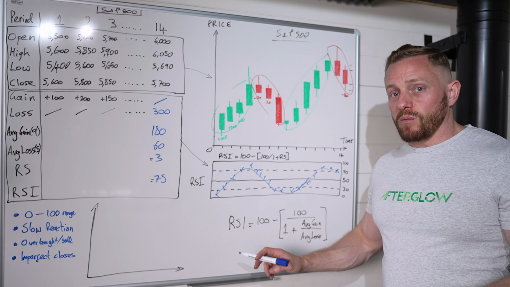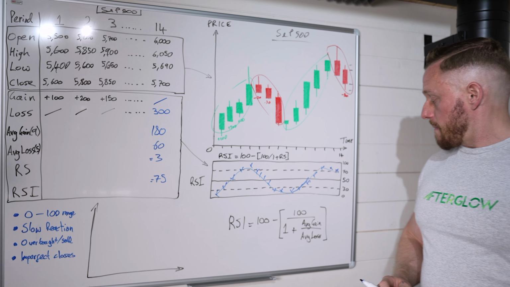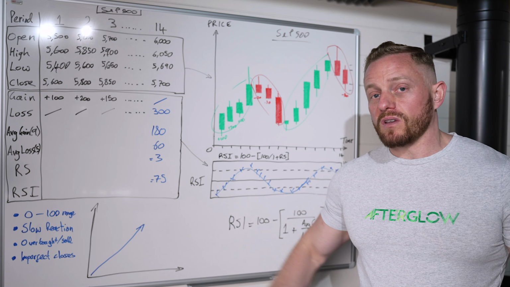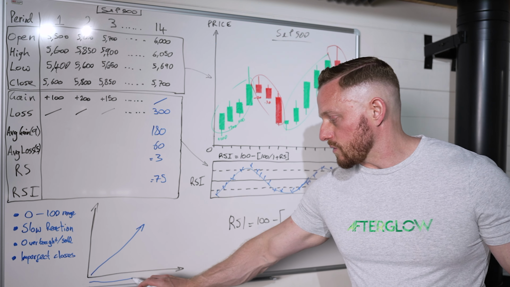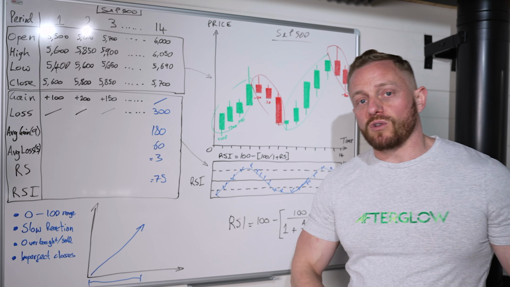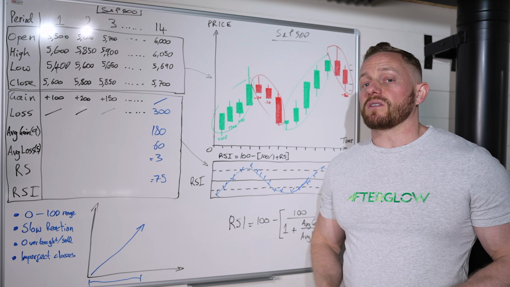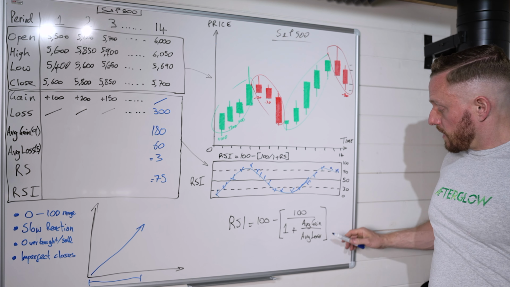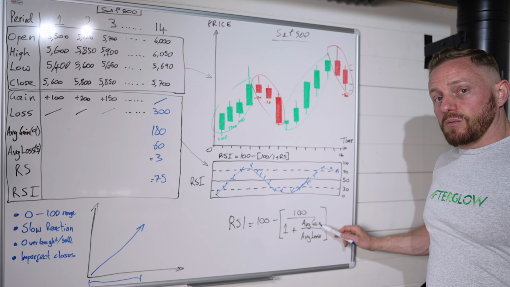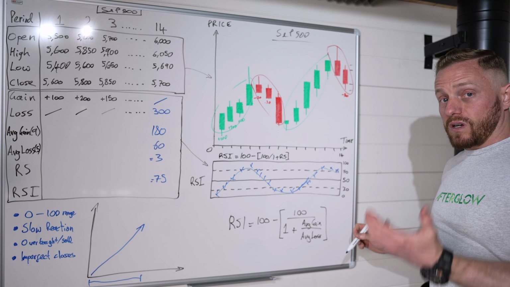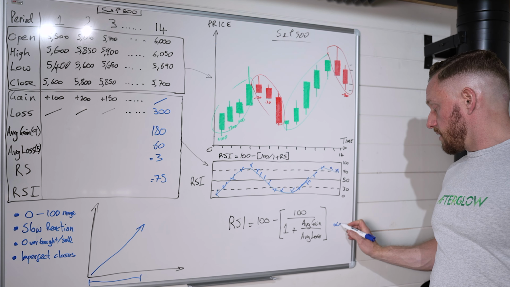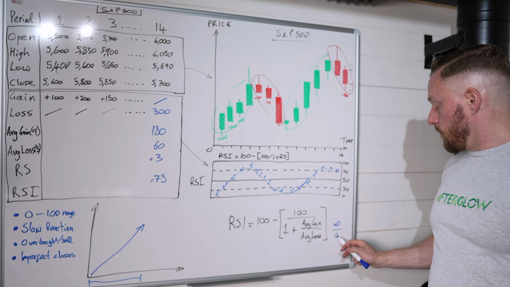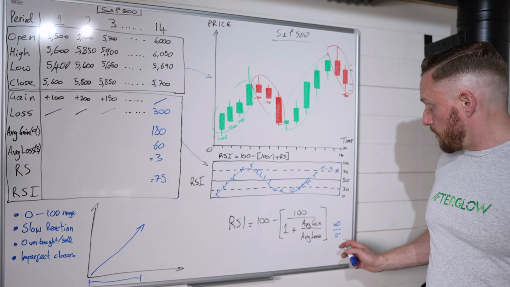Now, if you look at the formula, this actually makes a lot of sense, because let's imagine that price is pumping hard to the upside over those 14-day candle look back period, and let's say there are no downsides, no down days, only up days. Well, in that scenario, the average gain component of the formula would become a very large number, let's say infinity, and the average losses would be very low or close to 0, positive.